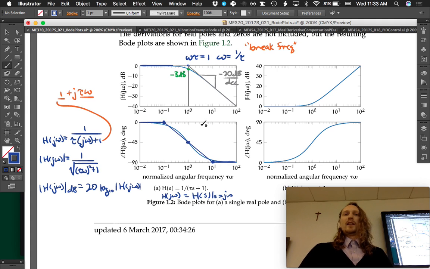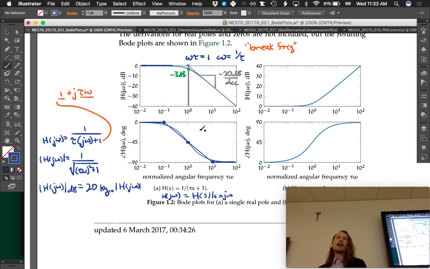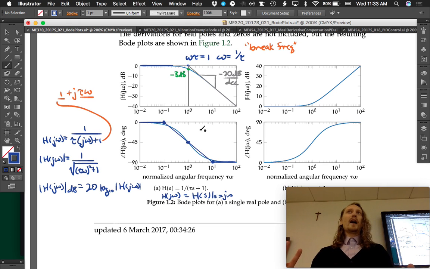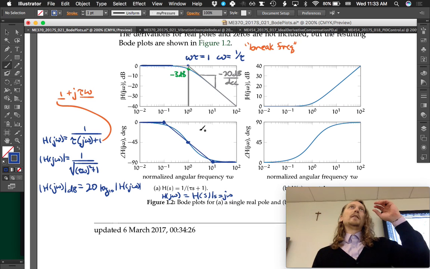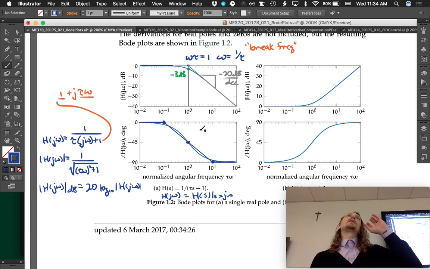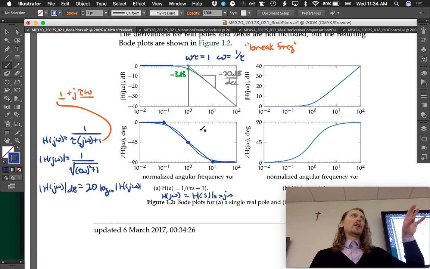And so what does this physically mean? In the example we have for the vibration problem we're going to get back to, probably Friday, we have a transfer function that relates the input force to the force on the motor, on the base.